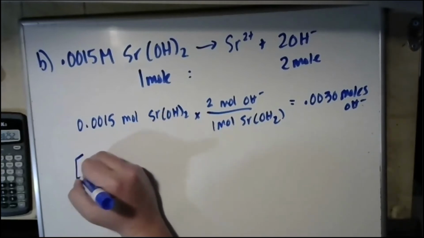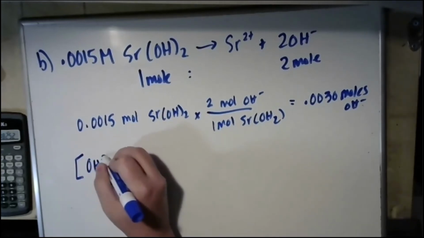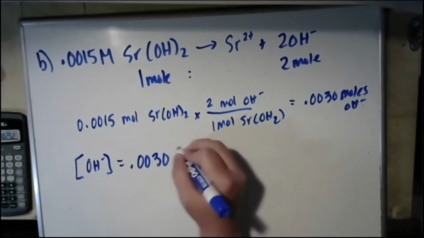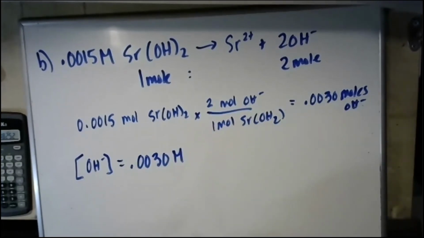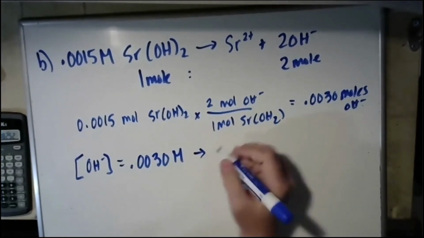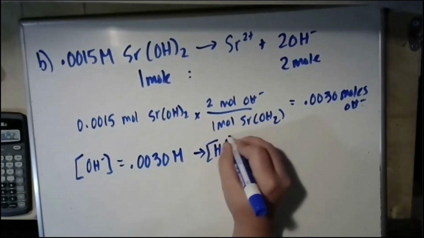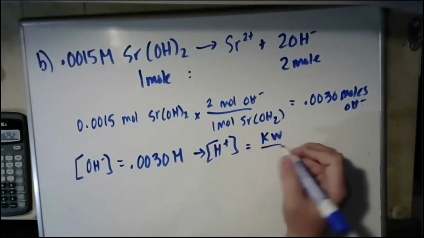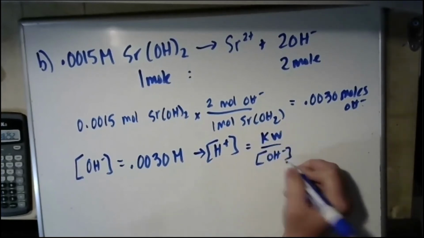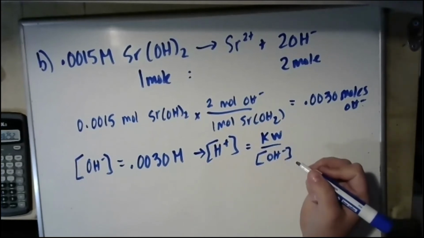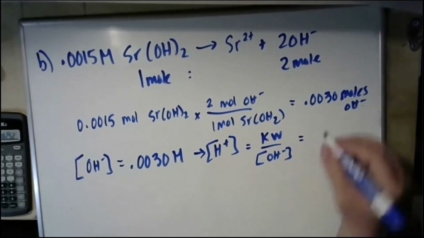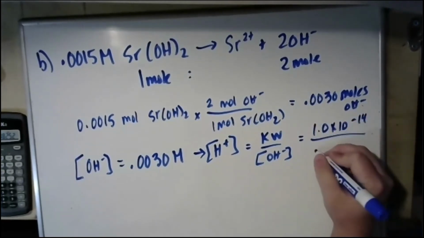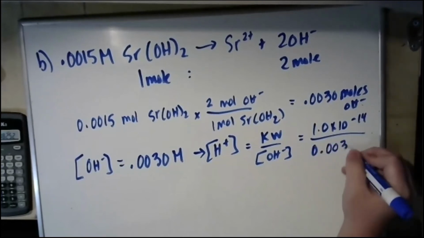So the concentration of our hydroxide ion in this solution is going to be 0.0030 molar. From here, we're going to find our H plus concentration using our relationship with Kw. I told you that we can use the different method for this one. That'll be 1.0 times 10 to the negative 14 divided by 0.0030.